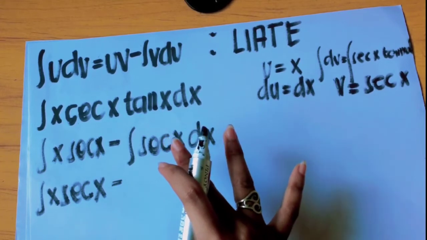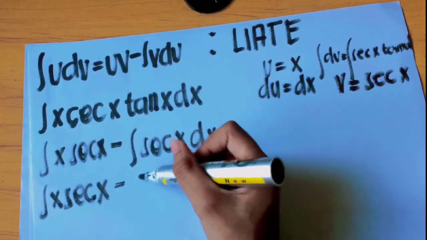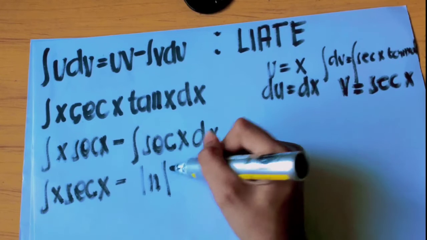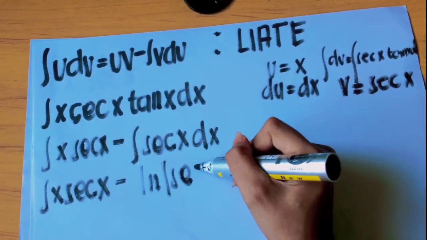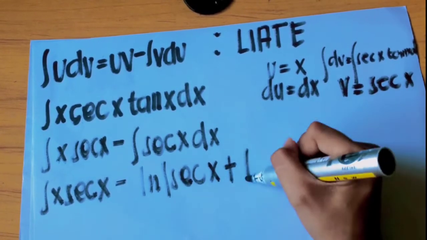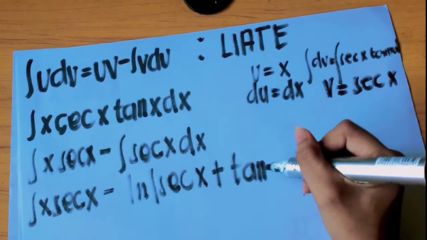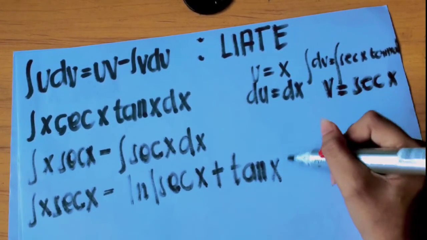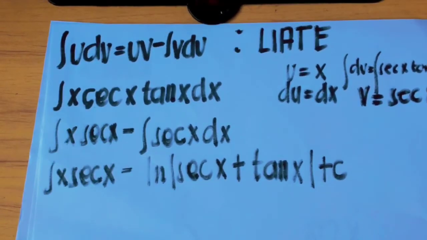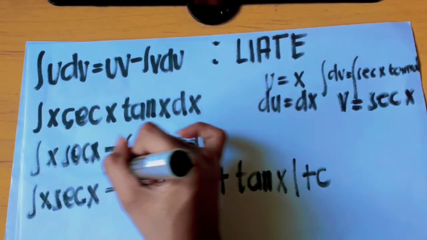By the rule of integration, it is ln secant x plus tan x plus c. So, that would be the final answer.